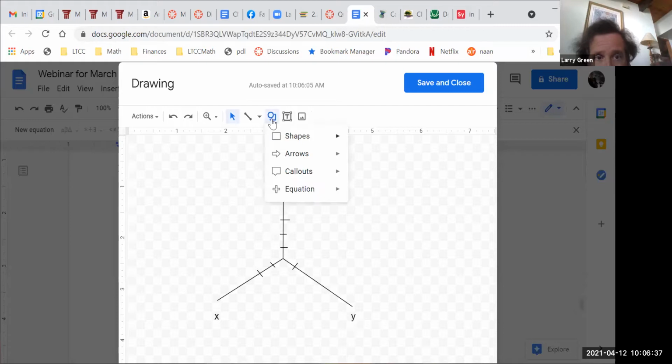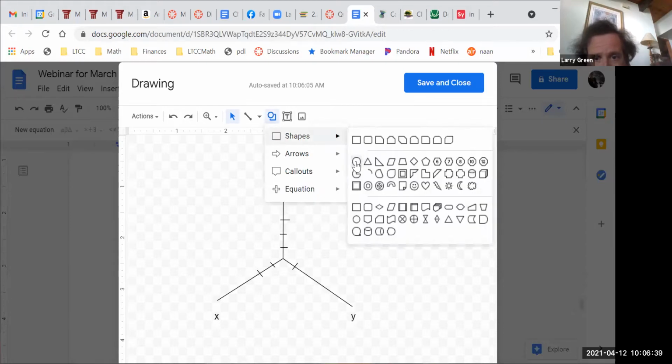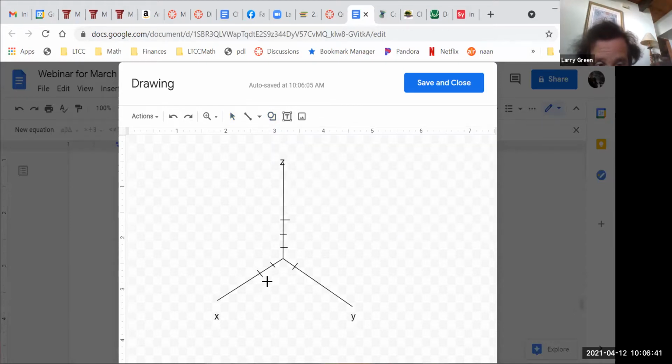One more try. There we go. I'm going to get this little dot here. Except it's not letting me. Let's try again. Maybe I got to do it this way. Okay, that's going to be the shadow.